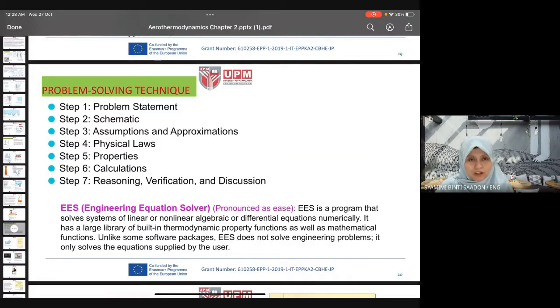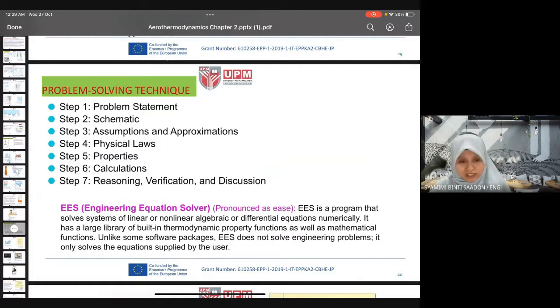For example, we have information on temperature, pressure, and mass flow rate, but we need to calculate the performance, the efficiency, the energy, the work, the force. So we have to define which properties we already have, which we don't have and have to assume, and which we have to calculate.